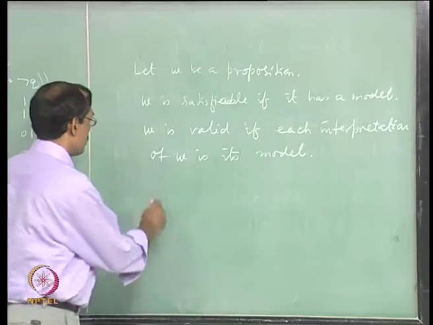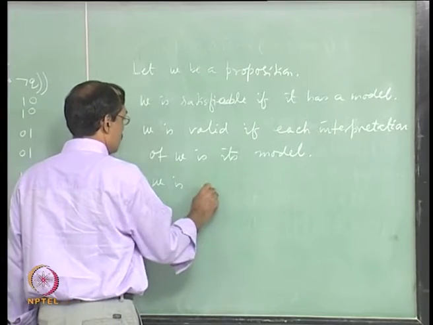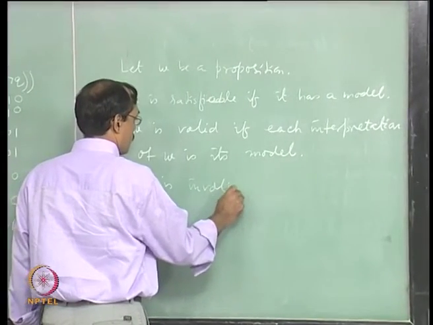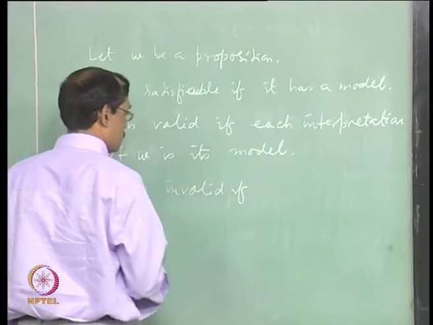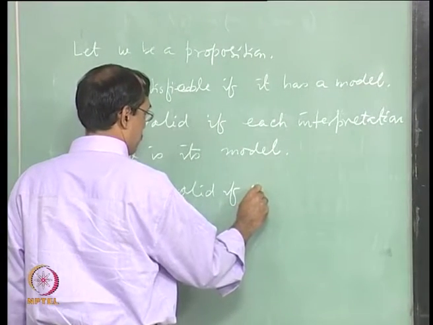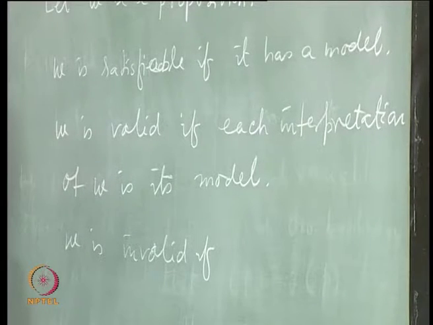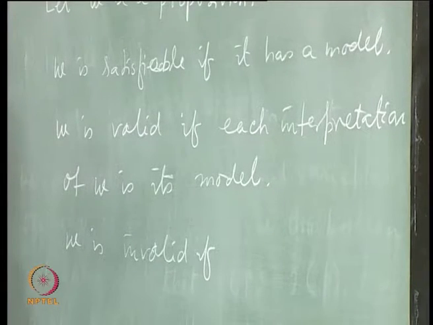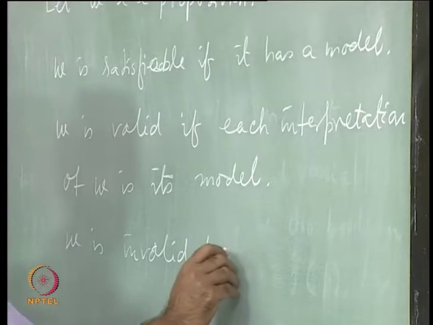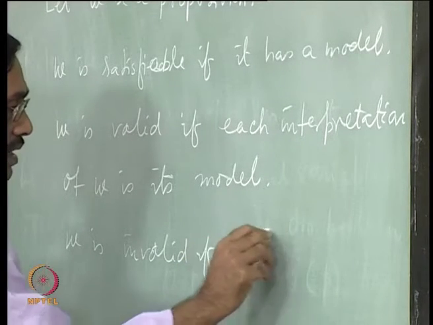So, we say that W is invalid if it has a non model, right. There is an interpretation which falsifies it, which does not satisfy it, if it has a non model.